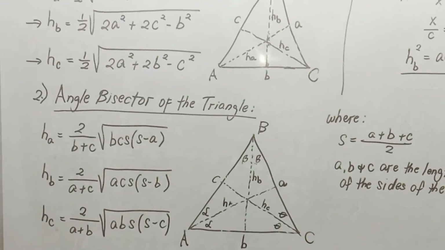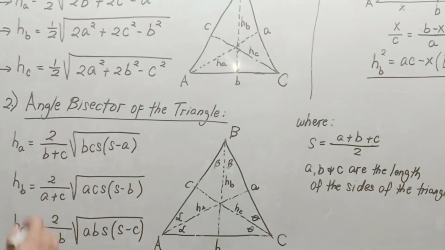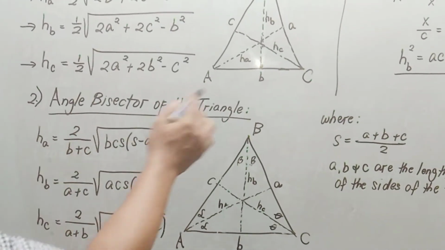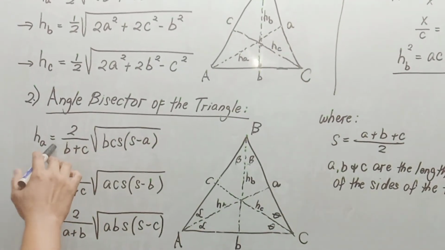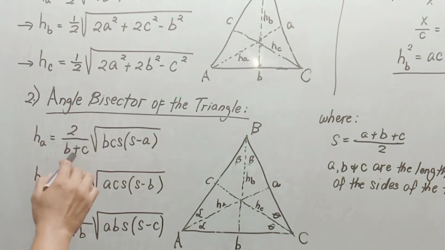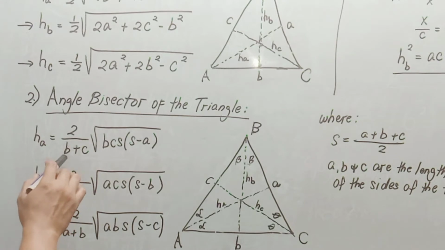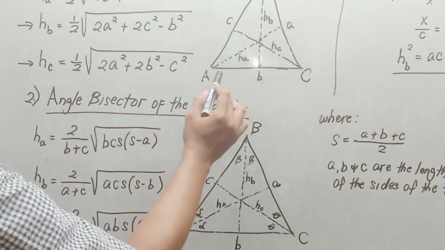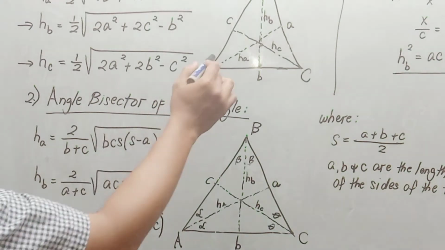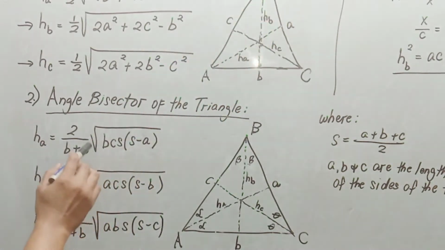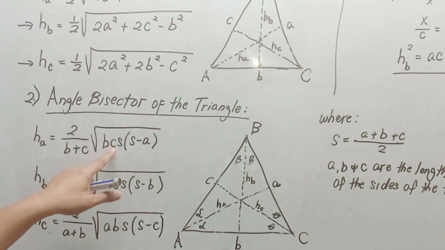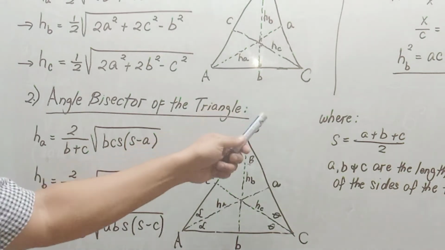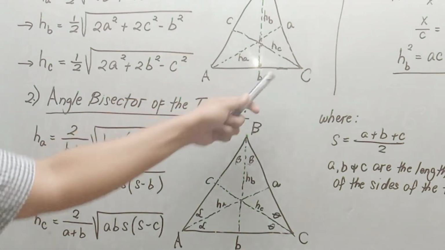So h sub a is equal to 2 over b plus c, this is the b side plus the c side, times the square root of the product of b, c, and s.